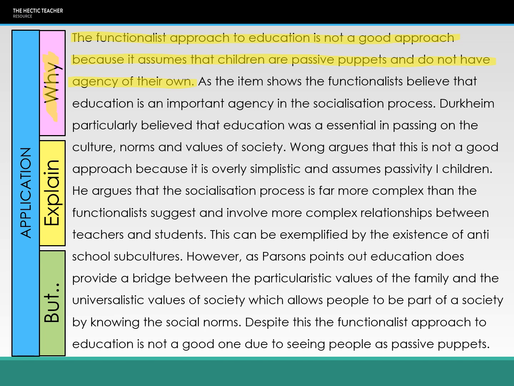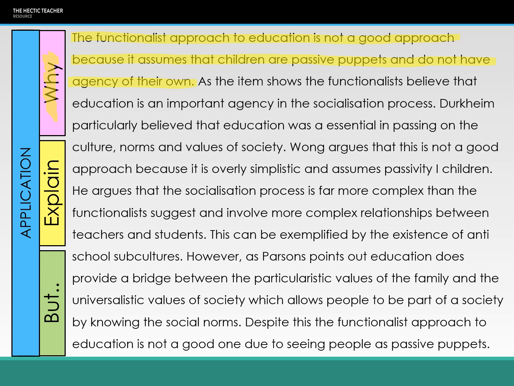The functionalist approach to education is not a good approach, so I'm clearly stating my answer. And I'm saying why: because it assumes that children are passive puppets and do not have agency of their own. When we use the word agency here, it's about decision making. If you have agency, you are able to make decisions about your own life. And the functionalist theory suggests that we don't have agency.